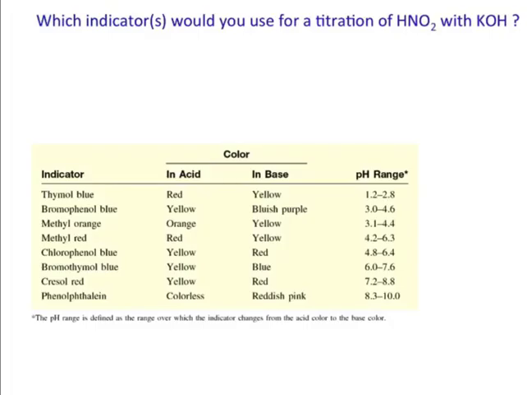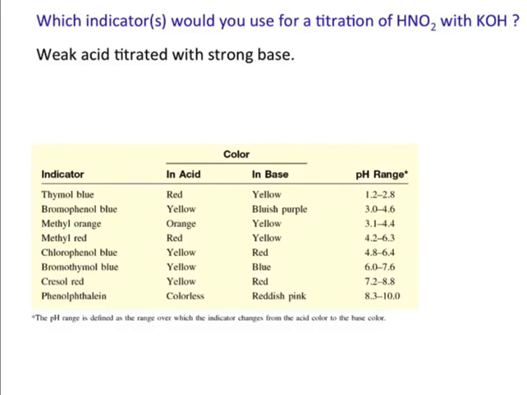So the question we can ask you relating to indicators is basically which one would you use for a given titration? And so here's our example. We have nitrous acid with potassium hydroxide. So nitrous acid is a weak acid. Nitric acid, HNO3, is the strong one. Less oxygen's weak.